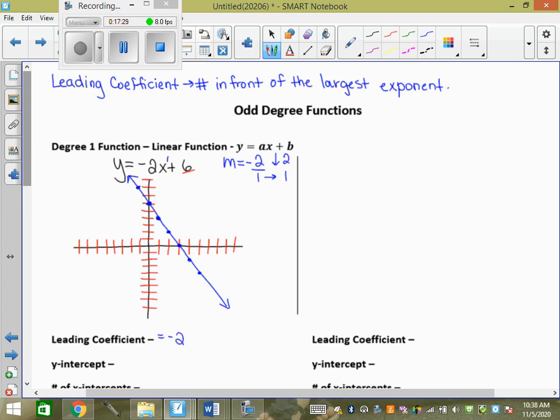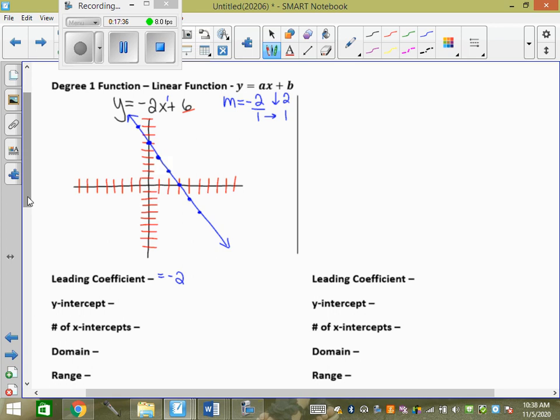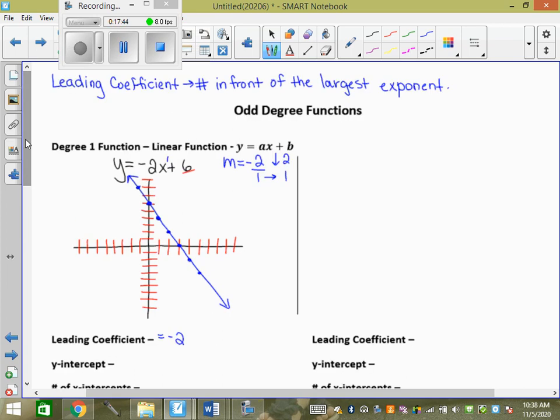So my leading coefficient is -2. Now this is what you need to note. The sign of your leading coefficient tells you how you end on the right. We're going to write that as well: the sign of the leading coefficient tells you how you end on the right.